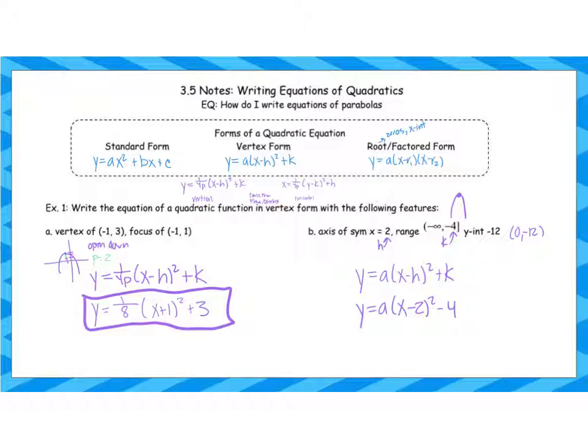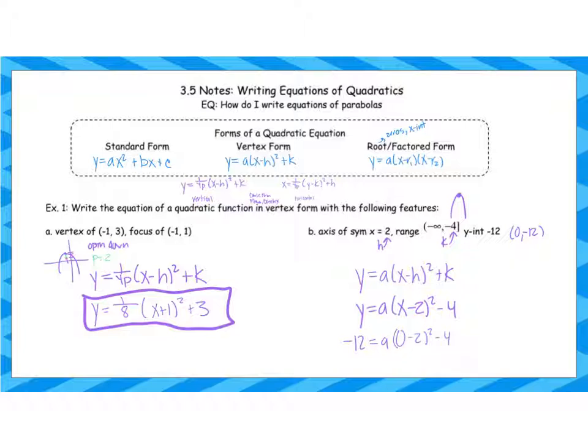What I do know, though, is another point that this graph goes through. Since this graph goes through 0, -12, that means when I plug in 0 for x, I'm going to get -12 as y. I can use that information to solve for that a value.